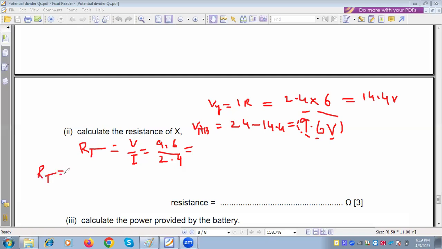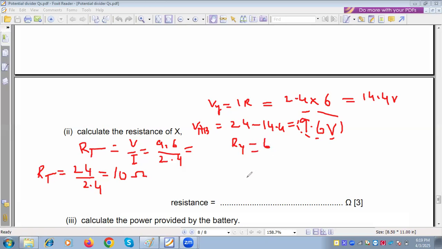R total is 24 over the current 2.4, which gives us 10 ohm. Total resistance of that circuit, including all the resistances, is 10 ohms. Out of 10, the Ry is 6.